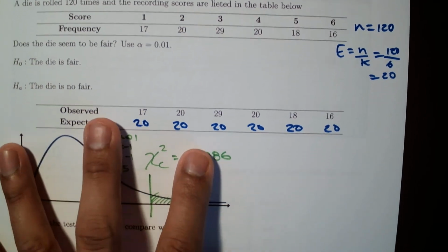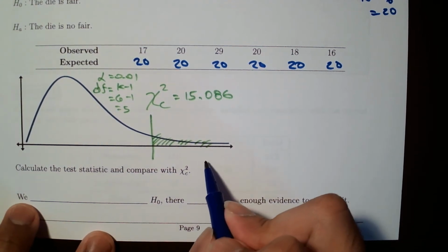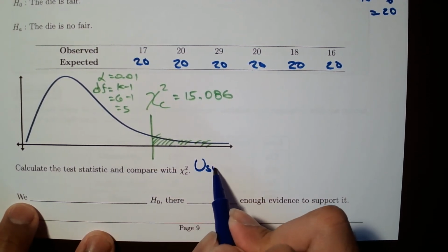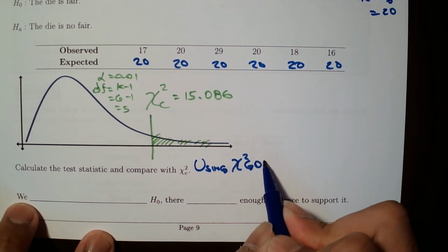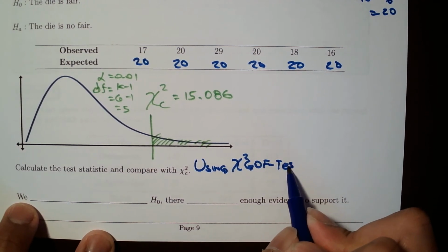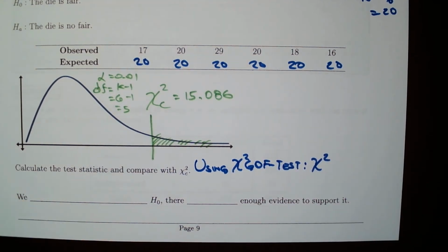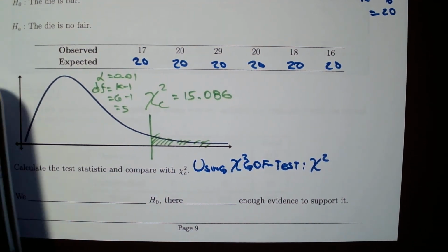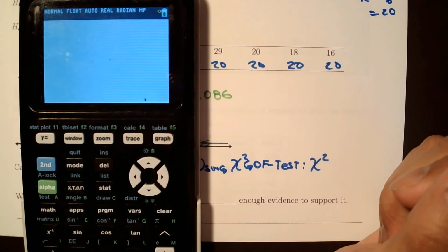Okay, so now we are going to calculate the chi-square statistic using the chi-square GOF test. Let me populate our list. I'm going to go stat, edit.